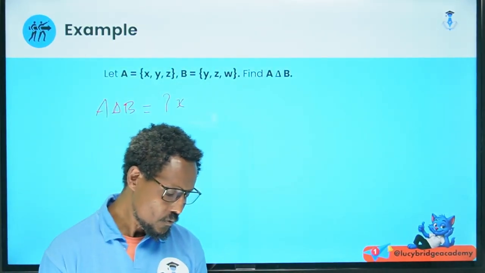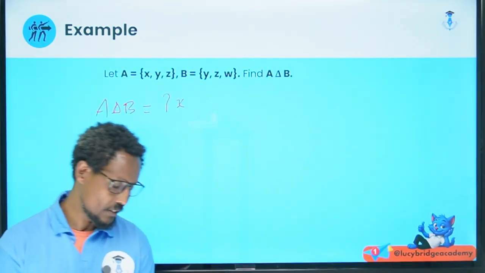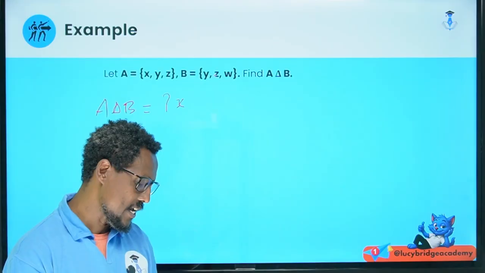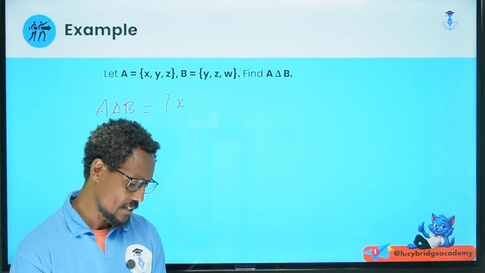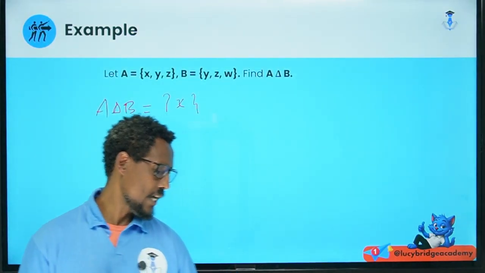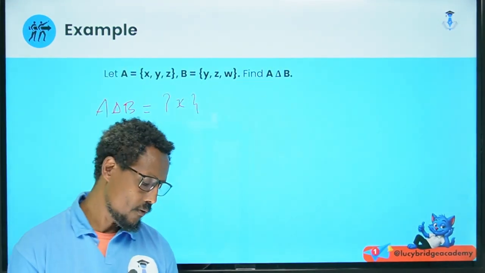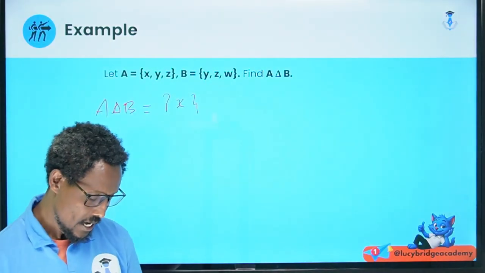Again, y is in A, y is in B, so y cannot be an element of A symmetric difference B. Z is in A, again z is in B, therefore z cannot be an element of A symmetric difference B. The only element is x, because x is only in A, not in both. Therefore, the symmetric difference of A and B is the set containing x.